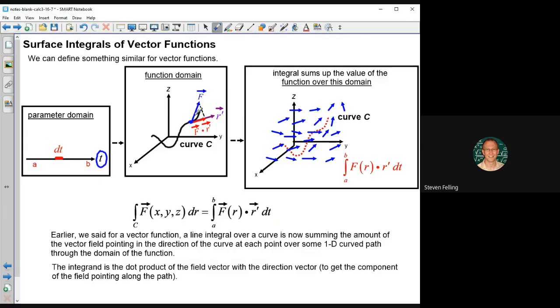That would give me the percentage of the vector field that's in the direction of motion along the curve, right? And then we can sum up all those things by summing up F dot r prime.